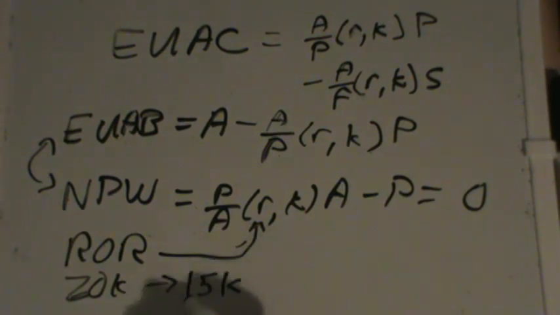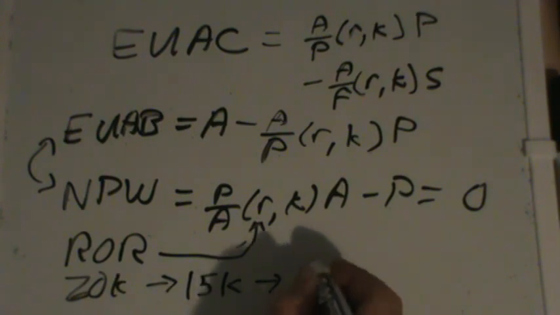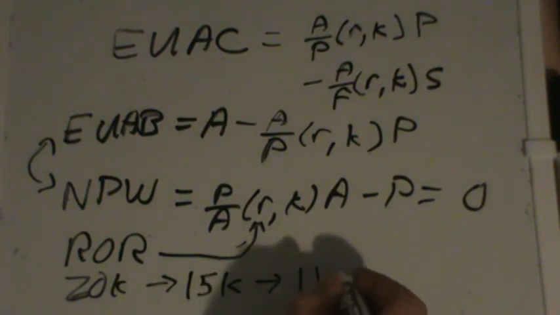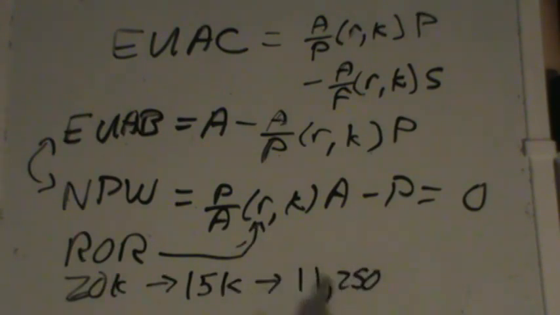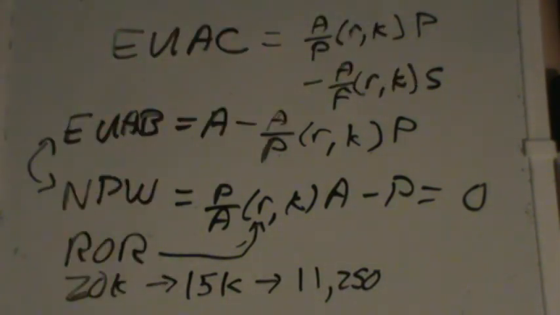But when I take 25% of 15K off, in other words, multiply by 0.75, I'll find that this is down to $11,250. And you can keep on going on this. By the time you get to 10 years, it's down to about $1,000 or something. Whatever's left over at the end is your salvage value.